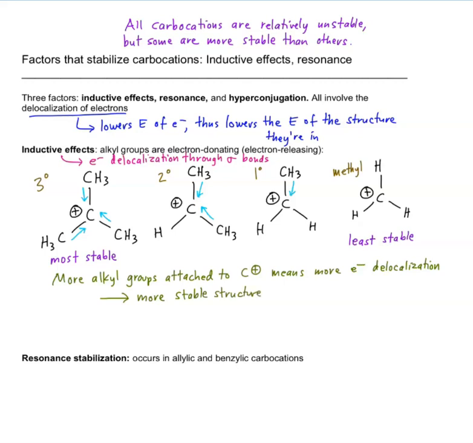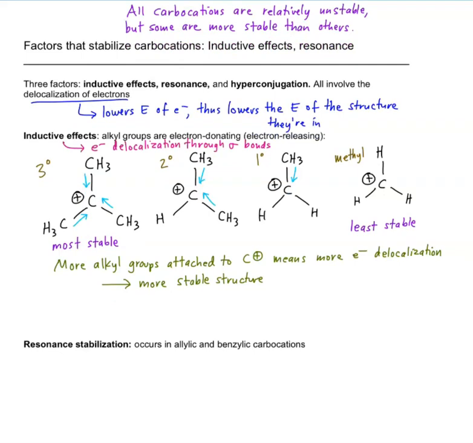Now we can extrapolate this and generalize it and say that tertiary cations are going to always be more stable than secondary, which are more stable than primary, and all of those are more stable than methyl cations.